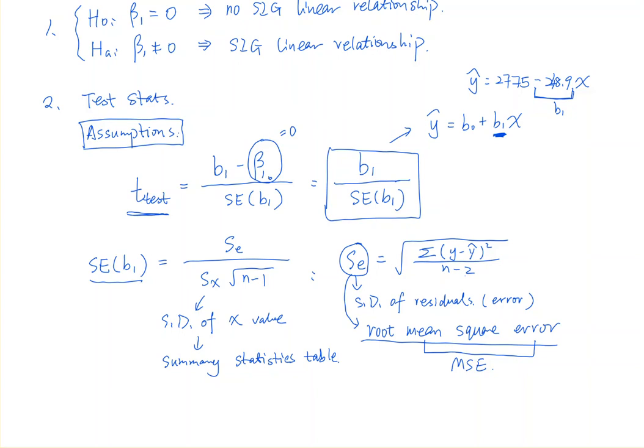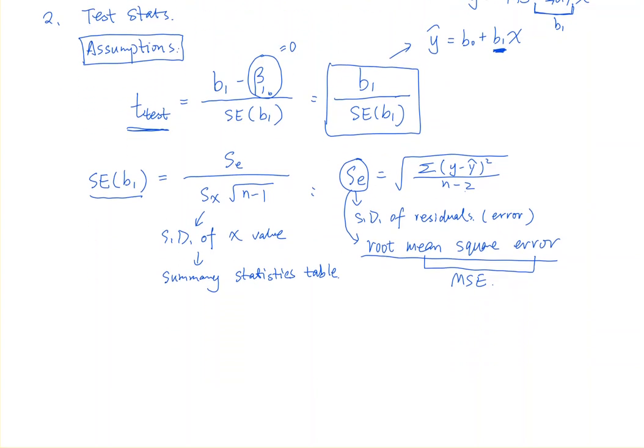Now we have talked about b1 and the standard error of b1, and once we have these two, we can get the t-test statistic. Actually, if you have the output, you don't even need to calculate this t-test statistic. You can obtain it from the output.